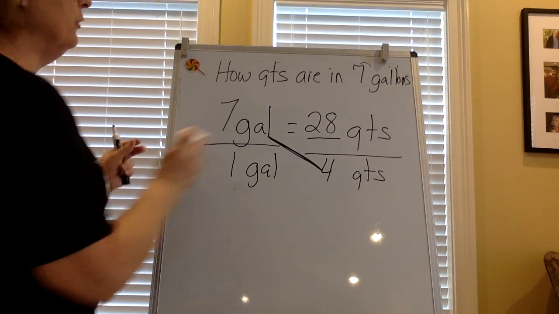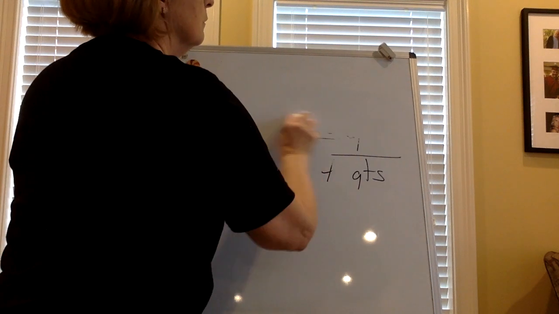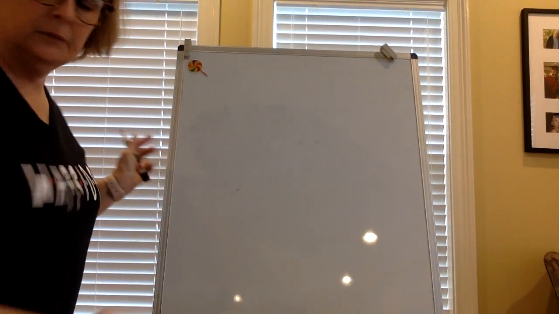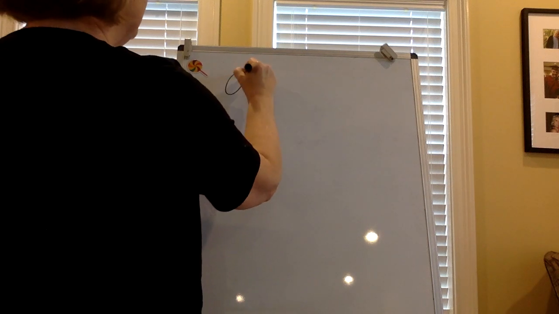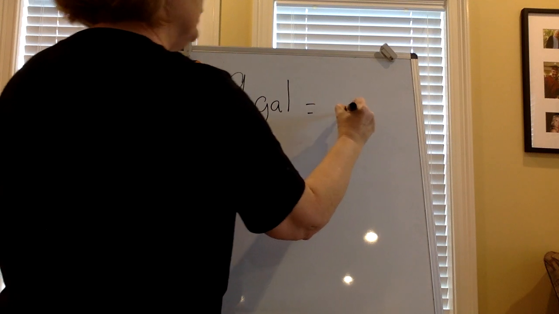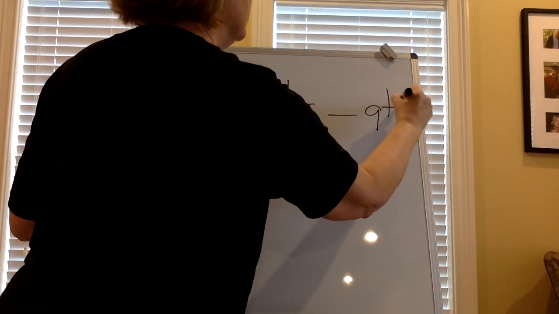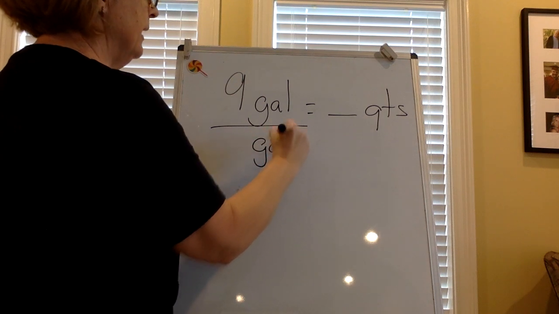All right, let's do another one. I want to know if I have 9 gallons, how many quarts is that? So I'm going to set it up. My gallon is under my gallon.